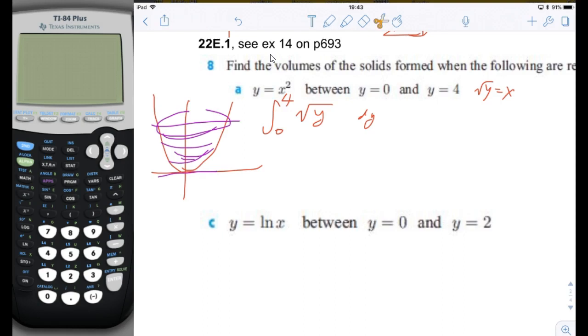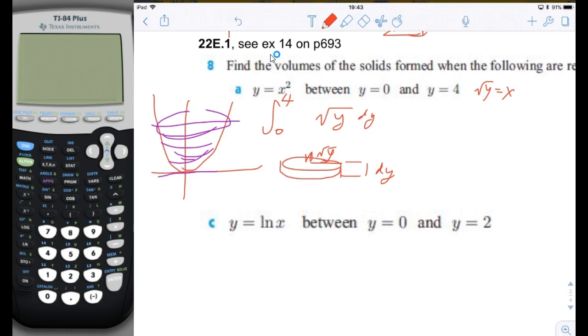The only other thing I need to do is make little discs out of this thing. Each one of the discs is dy wide. So the width of the disc is dy, and the radius of each disc is square root of y, which is the distance in terms of y from the y-axis.